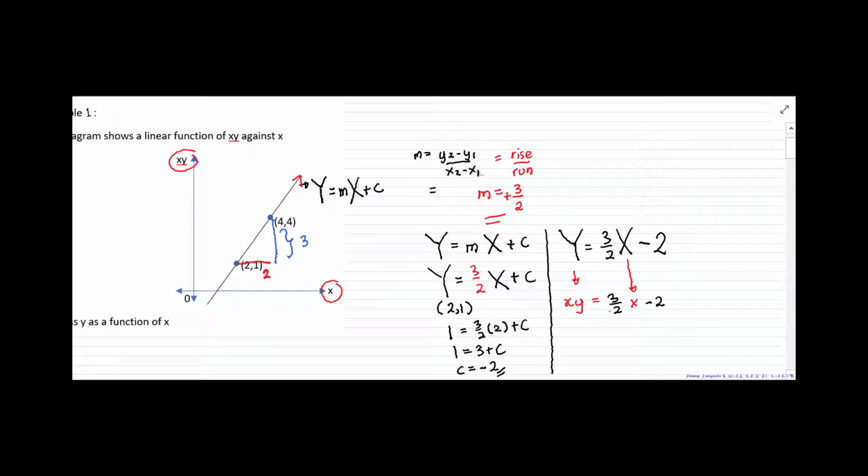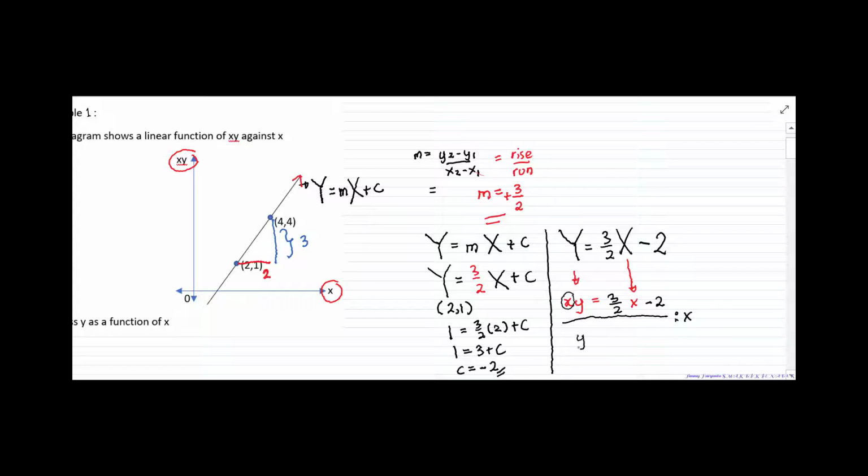You get it? But the instruction wants us to express y as a function of x. This one is not y, this is xy, so we have to eliminate this x by dividing them all by x.